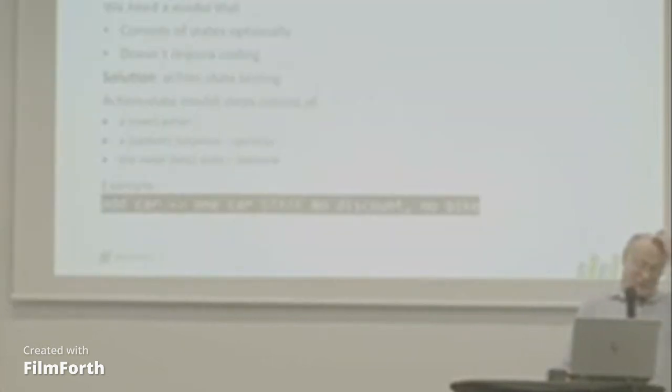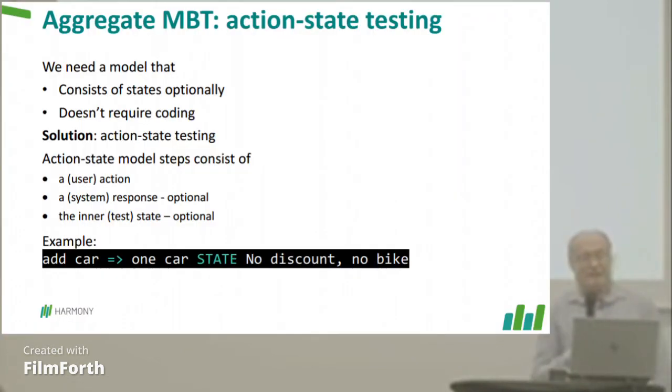And now we arrive at the new method, aggregate model-based testing, and there is only one specific method, action state testing. So what we need is to consider the states only optionally and not obligatorily, and we don't want to write any code.